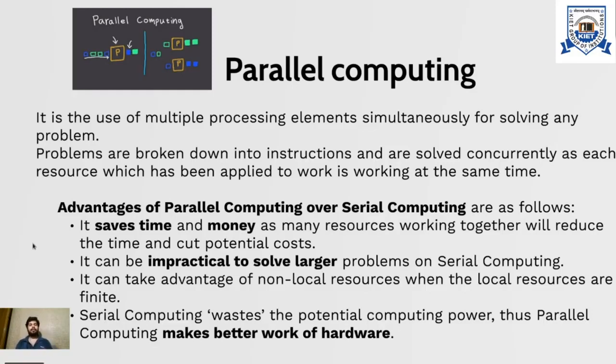Let's talk about our third point: it takes advantage of non-local resources when local resources are finite. When you have finite local resources, obviously it takes advantage of non-local resources. Suppose we take the example of that program with three functions A, B and C. This whole program would be fed to one processor, the local processor, and another processor would be a non-local processor.